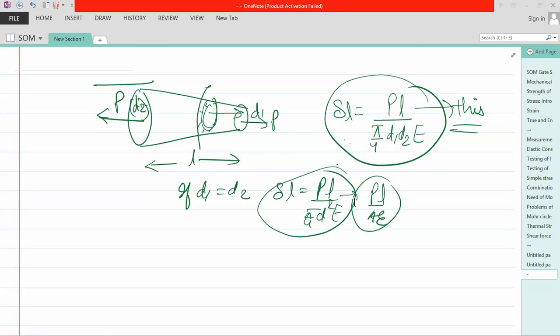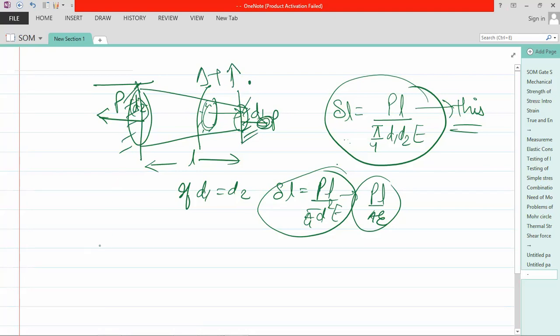Okay. Now, in this same problem, suppose P is not given, it is hinged in between supports, and the temperature is increased, delta T is increased. What is the thermal stress in this?